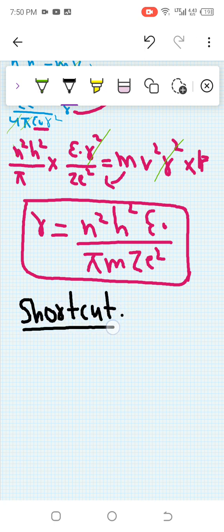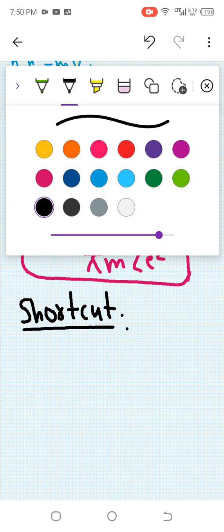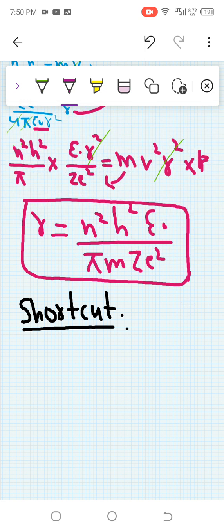The shortcut, or the easy way, is to put the constants on one side and the variables on the other. So r is equal to, what is constant?